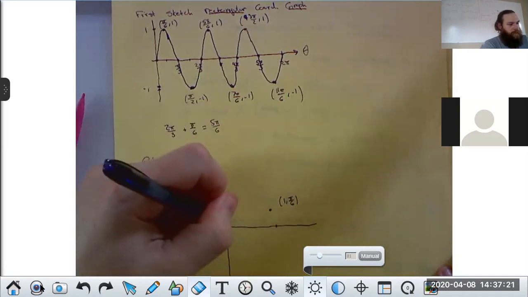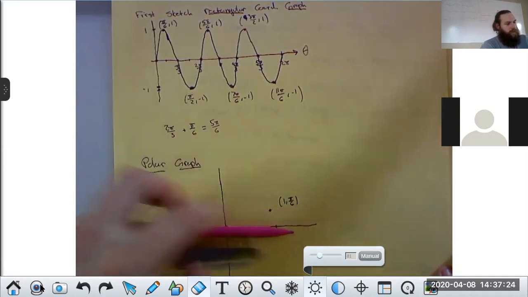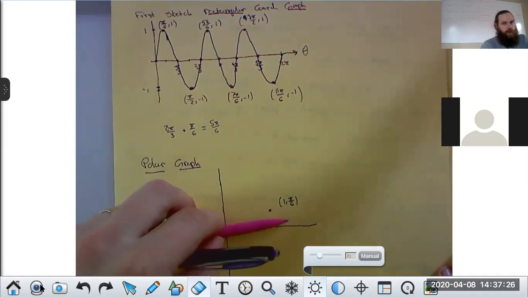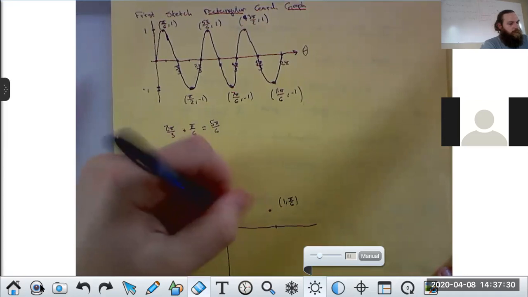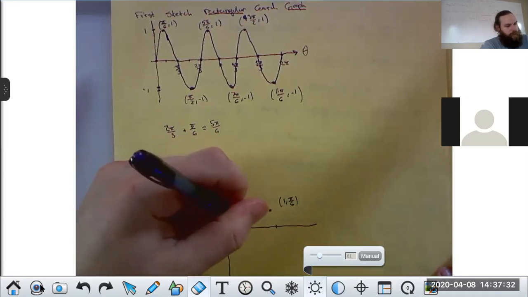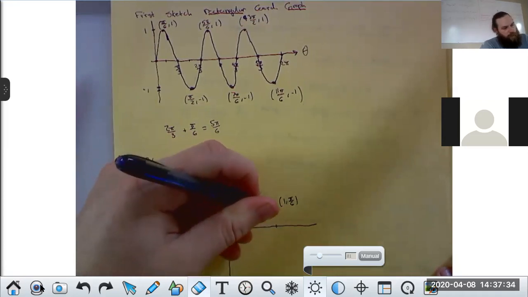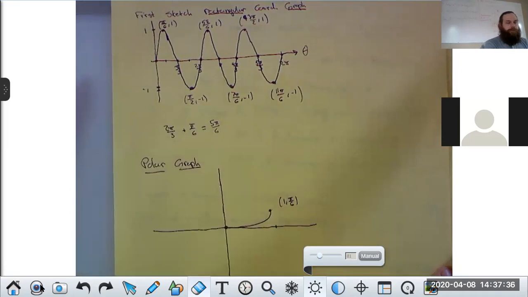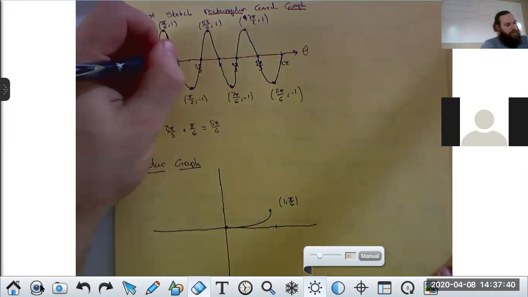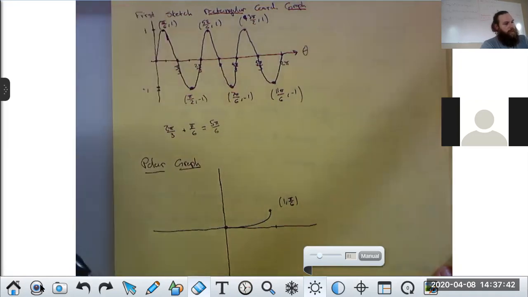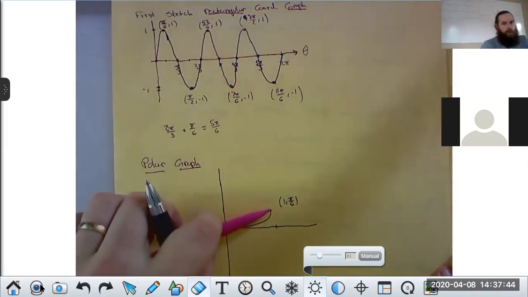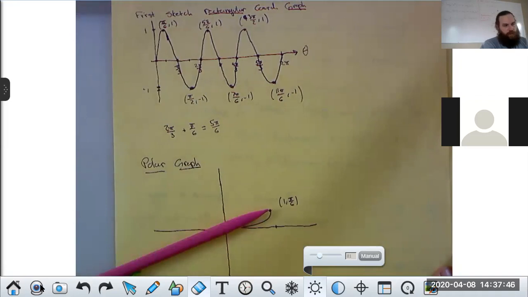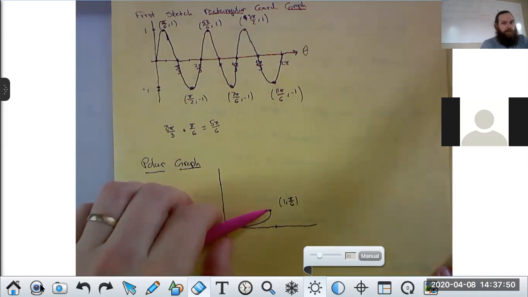And as the arm rotates, the little dude runs out along the arm, drawing as he goes. That's going to create a little curved segment that looks like this. Now once theta has arrived at pi over 6, the arm keeps spinning past this.